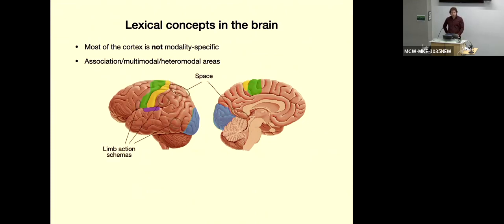We know that some of these areas are relatively specialized for higher level aspects of cognition, such as complex limb schemas, like how to grasp something, or spatial information about how things are in the environment relative to your body. And these areas integrate information that comes from the modality-specific areas and generate higher level, more abstract representations.